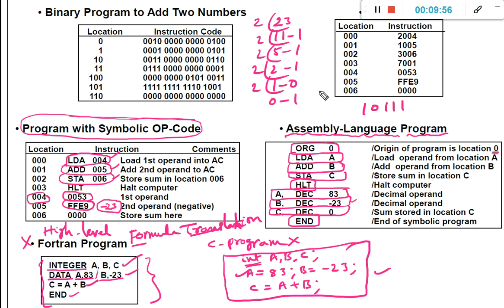Here there are only 5 bits, so the remaining bits we need to fill with all zeros. So 4, 8, 12, 16, total 16 bits.